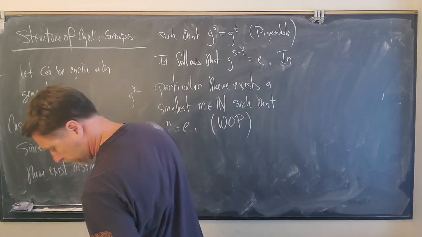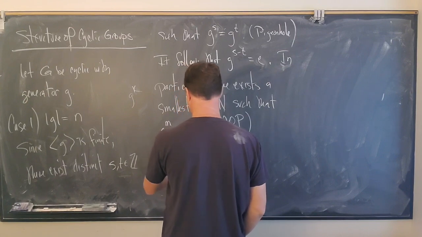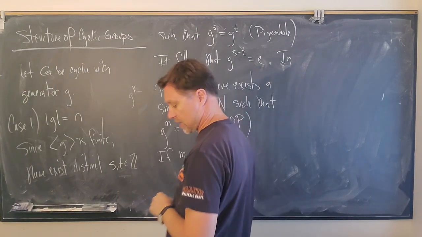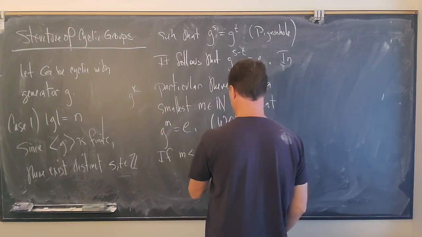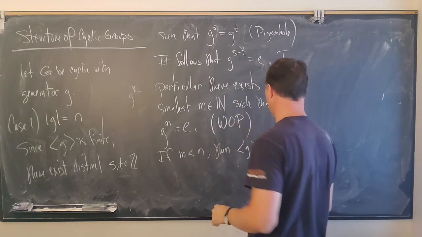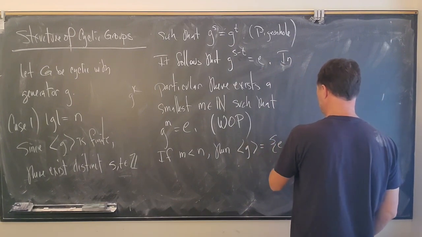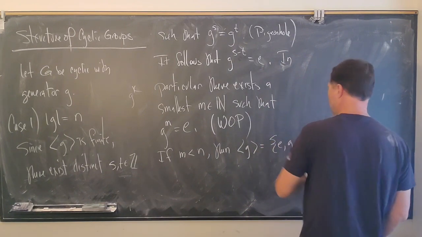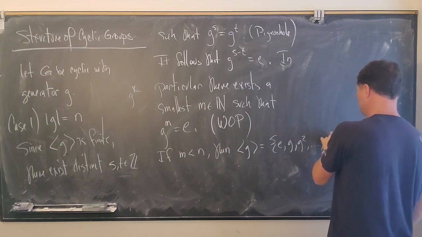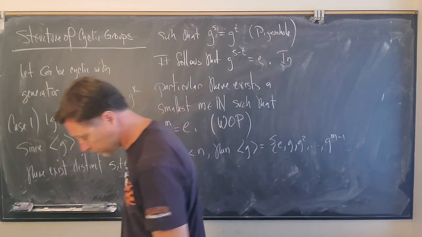So if m is strictly less than n, then if you look at the cyclic subgroup generated by g, it's going to look like this. There'll be the identity, there'll be g squared, up to, well, it'll really be g to the m minus 1.